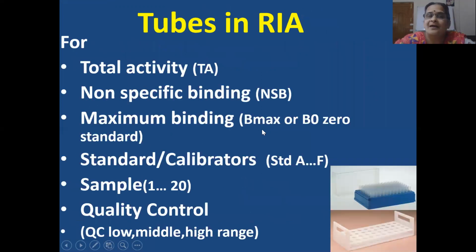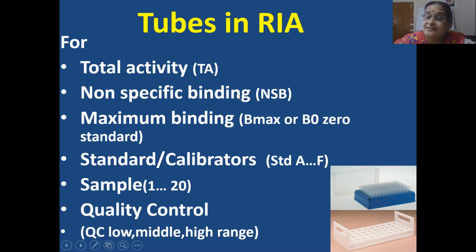So, the tubes in RIA: total activity, that is how much activity or counts have been added in total, can be seen in this tube. Non-specific binding is where the first antibody, the antibody specific to this antigen, has not been added, so anything else the radiotracer gets bound to.